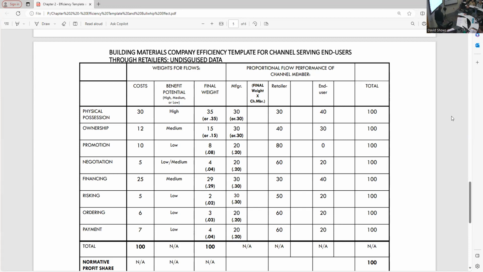Okay. So this is what you will do in your groups. You're going to take the final weight as a percentage and multiply it by the manufacturer's performance and come up with a final weight.